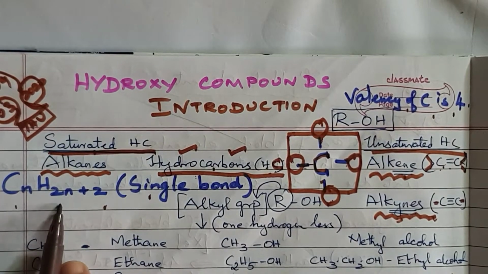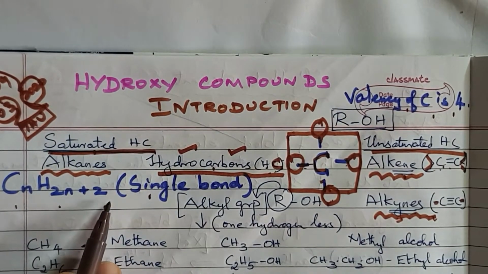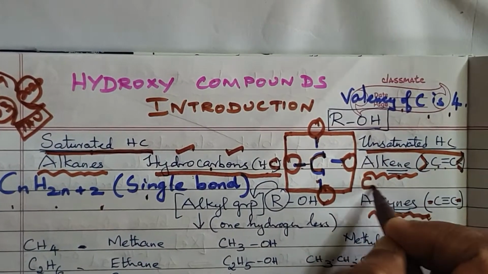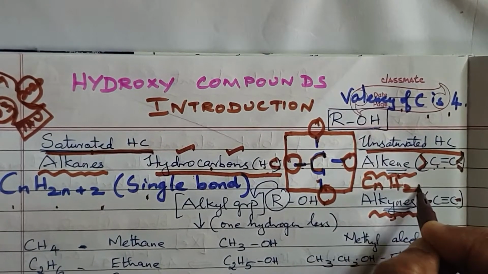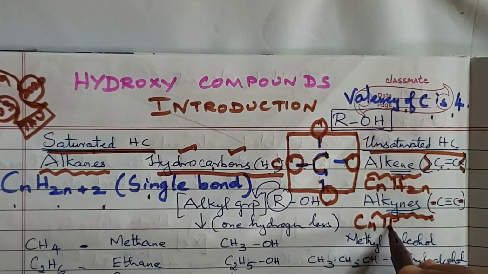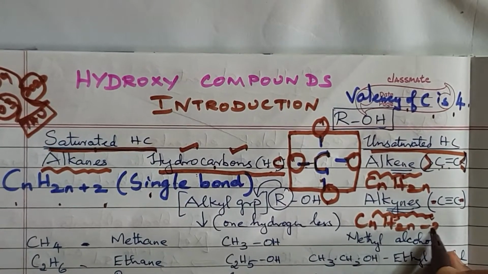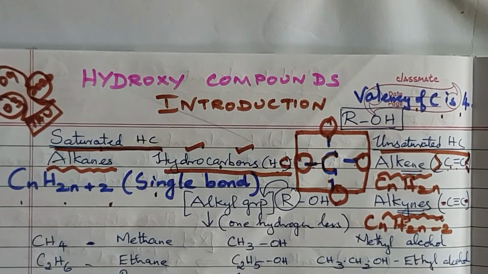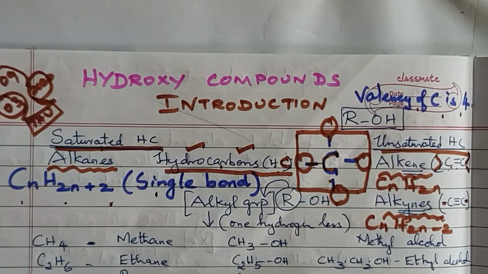The general formula of alkanes is CnH2n+2. Alkenes have the general formula CnH2n, and alkynes have the general formula CnH2n-2. These are the general formulas of alkanes, alkenes and alkynes.